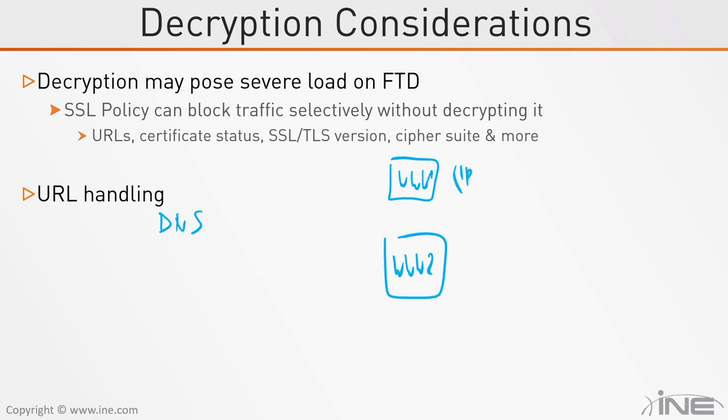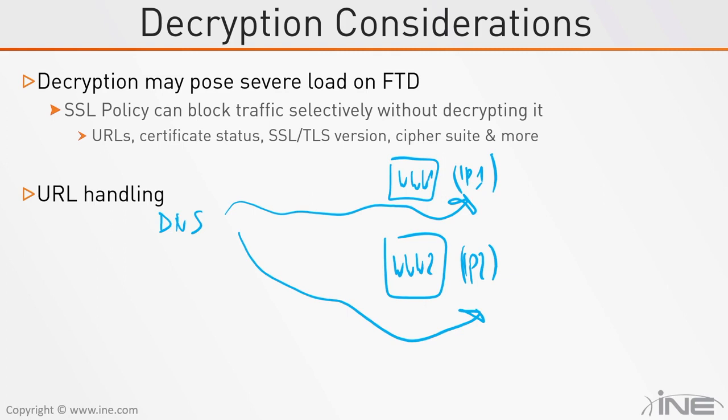Like I would say IP1 for this server, then IP2 for another server. With name resolution, we could potentially try to resolve those, and this way figure out the name of the website. But this is not going to be the case, because it is possible to host multiple websites on a single IP address.